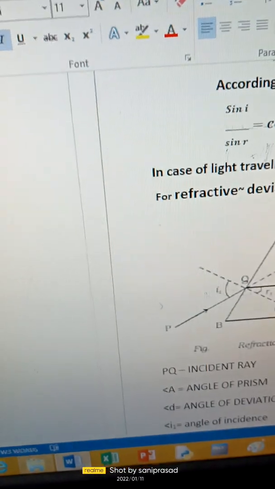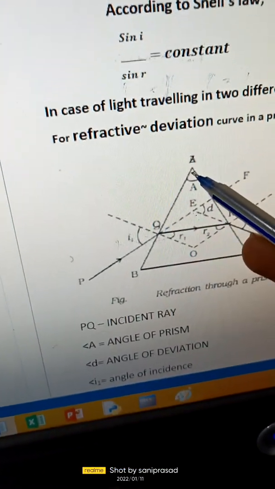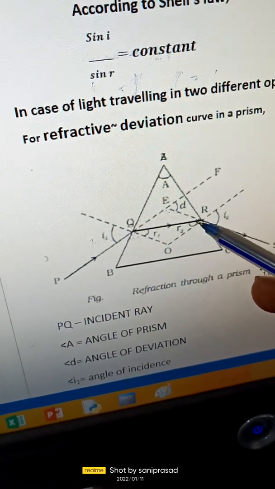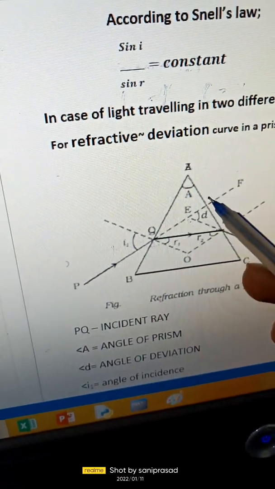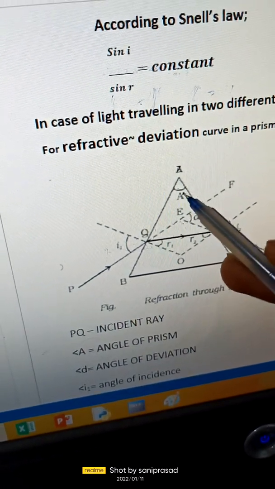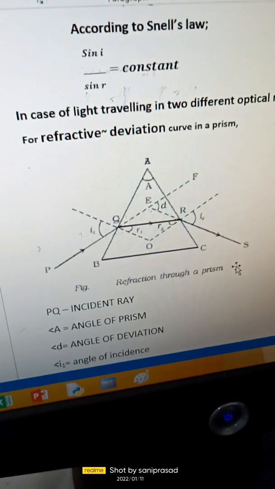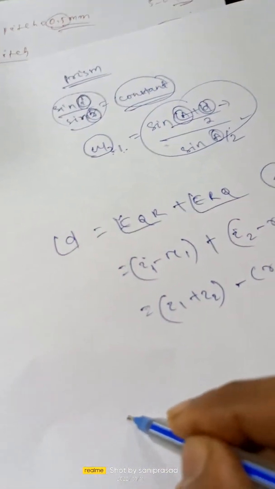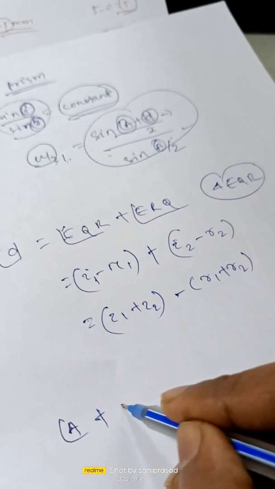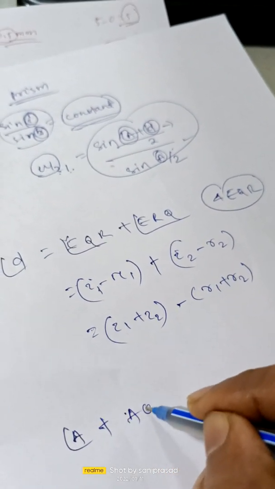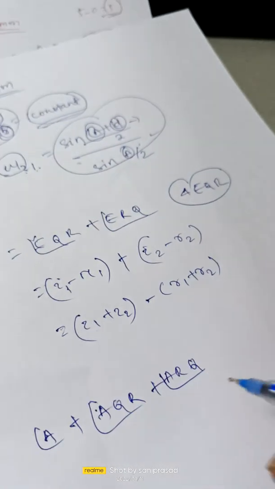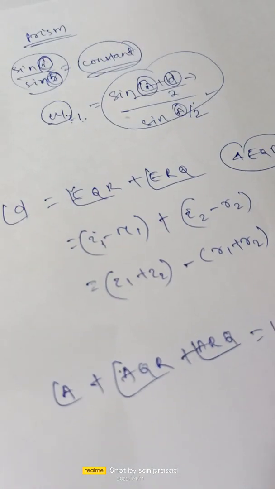Then look at this triangle AQR. In this triangle, the three angles add up to 180. So you can write angle A plus AQR plus ARQ will be 180.